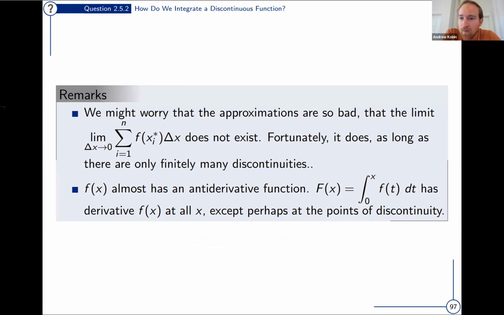So one thing we might worry about if we're using rectangles to approximate things is that when we take the limit of the Riemann summation formula, again, we're summing up rectangular areas and taking the limit as the base width of each rectangle goes to 0. We might worry that this limit actually doesn't exist.